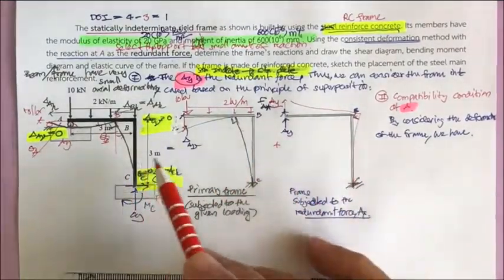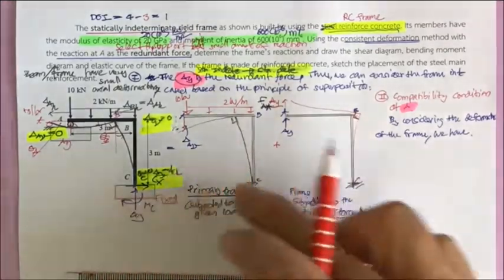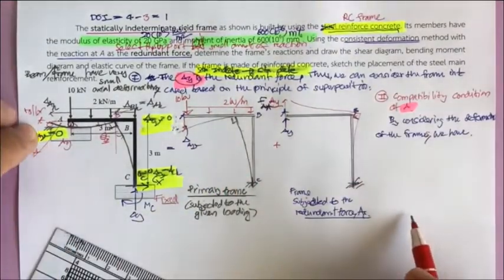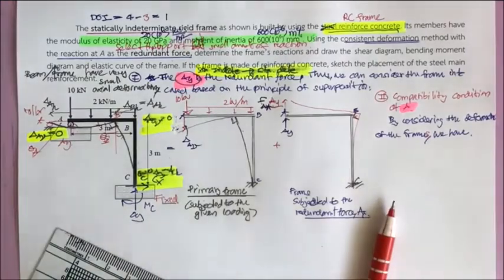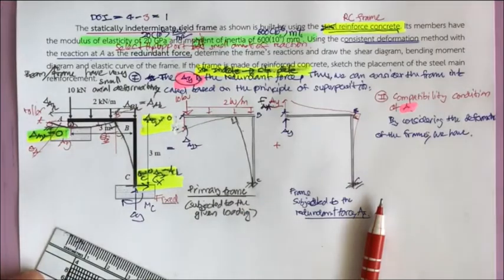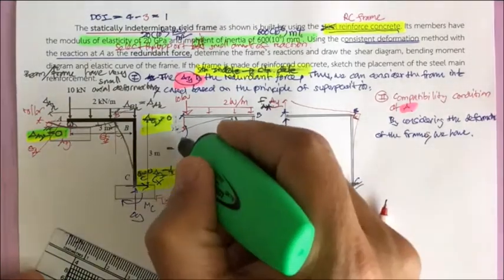So now we consider the deformation of these frames, and this is the displacement at A in the vertical direction.